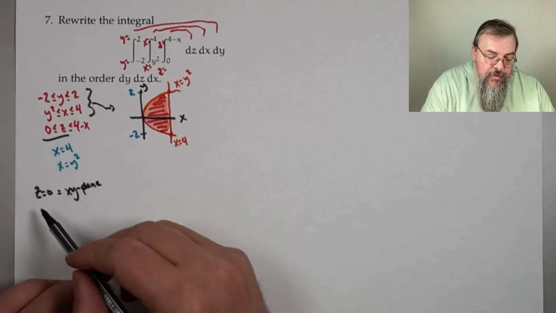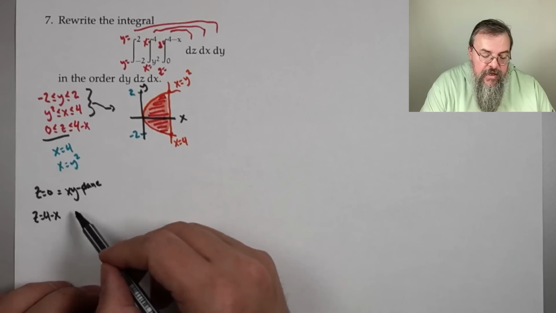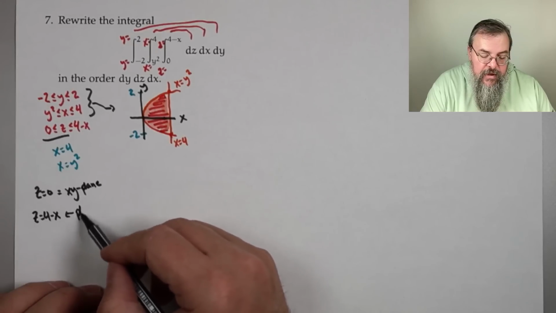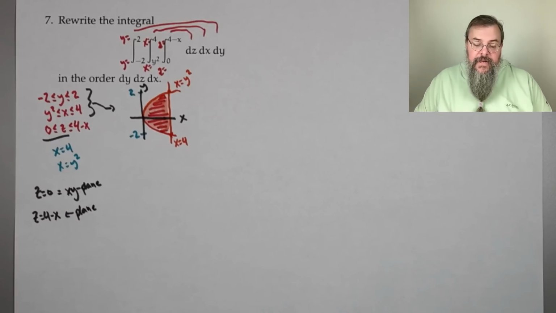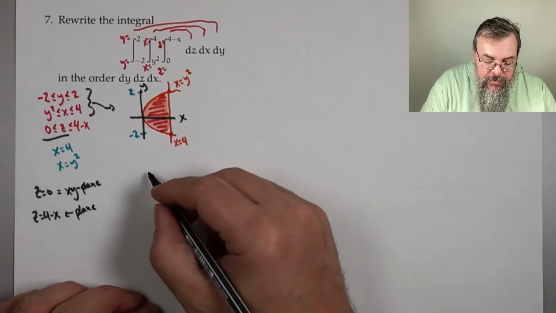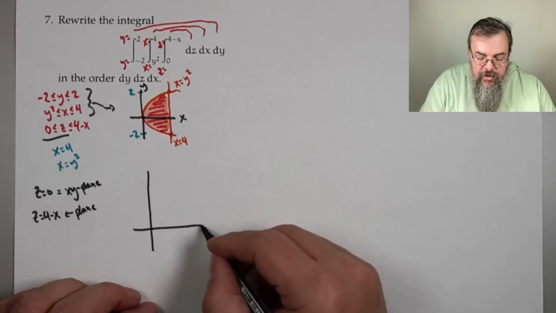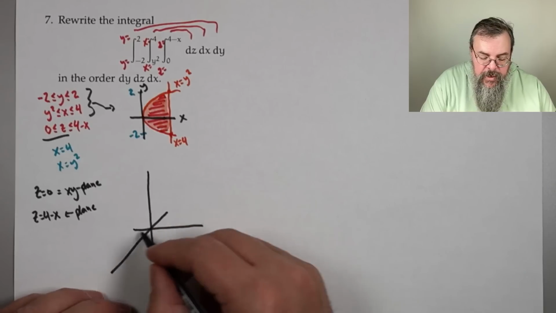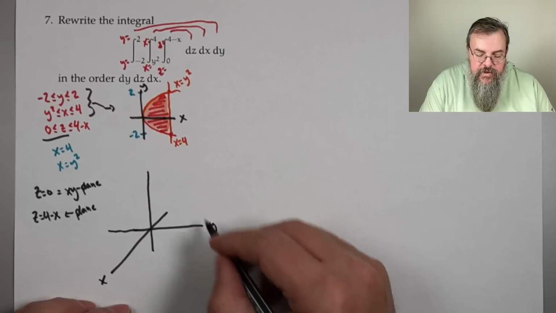And now we have this other thing, which is z equals 4 minus x. Now this is a plane, but it's not xy. Yeah, there's a little bit involved. So let's see what we're dealing with. So we are sketching here, and let's mark what's going on.